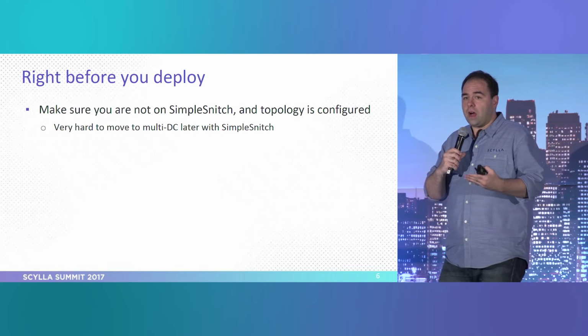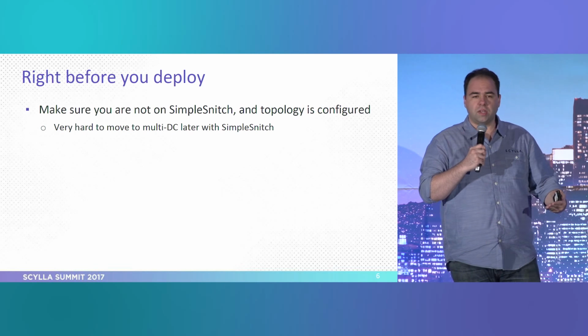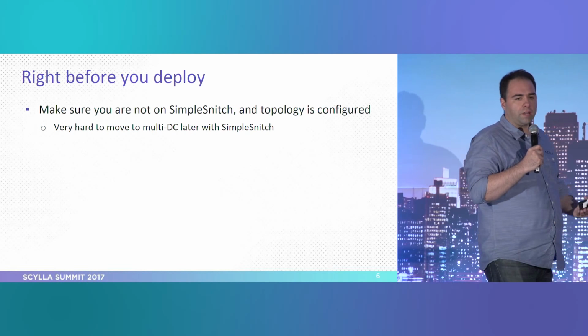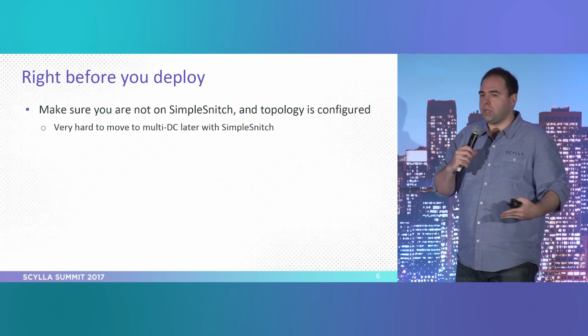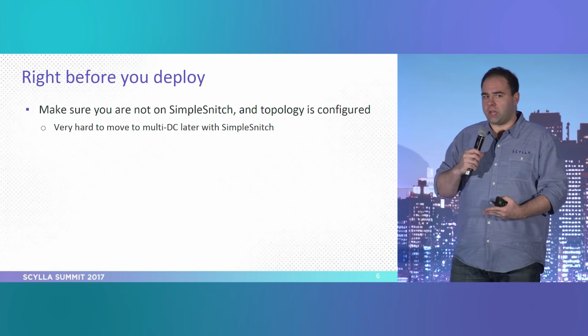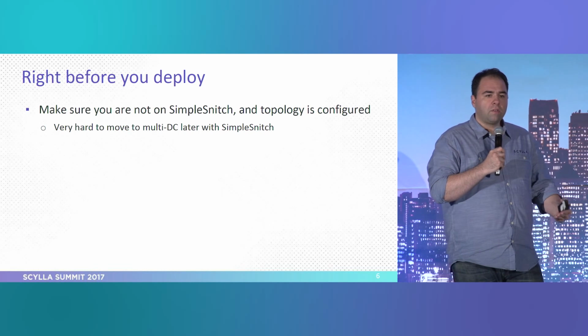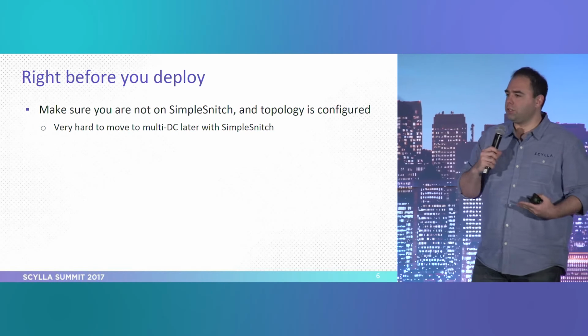Second thing, Yao actually covered that one, but he covered it from the point of view of cost, is setting the snitches correctly. Now make sure that you have network topology aware snitches, even if you don't have multi-data center. The reason for that, from the point of view of my talk, is that that one is also hard to change later.